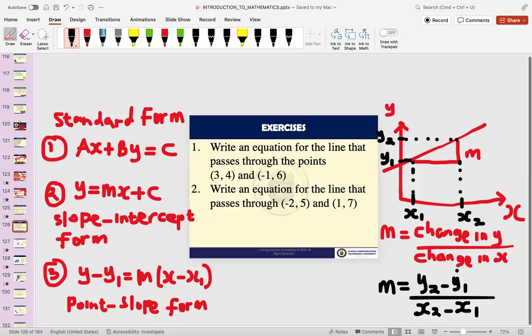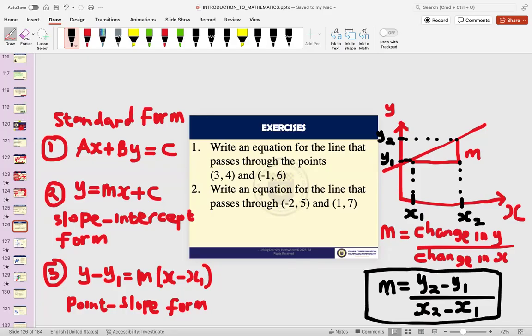So this becomes a formula we will use to find m when we don't have m in the question.